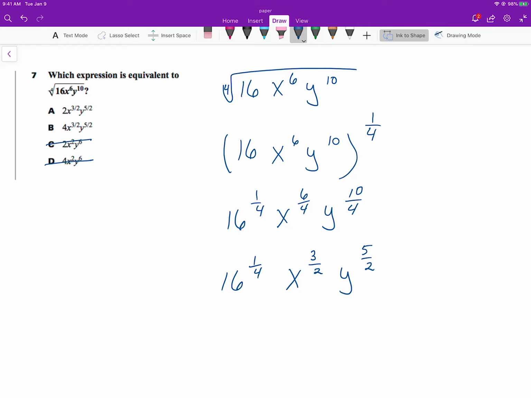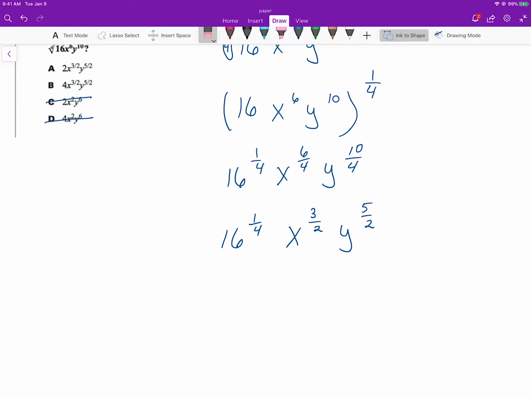So now we're down between A and B. Now the only thing left is to evaluate 16 to the 1/4 power, and 16 to the 1/4 power is a 2. And our final answer is 2, x to the 3/2, y to the 5/2.